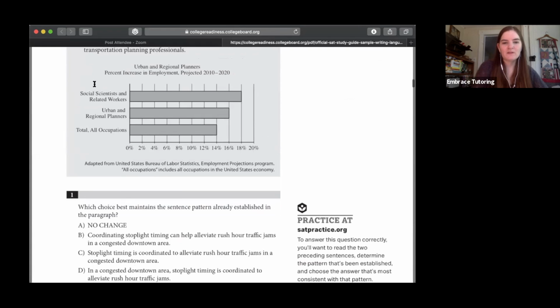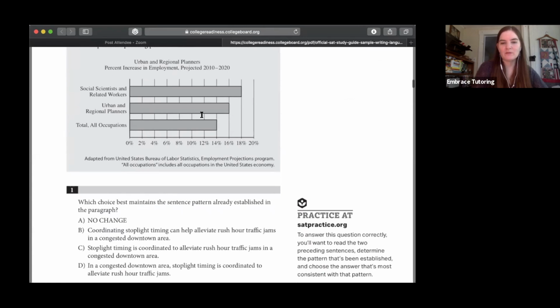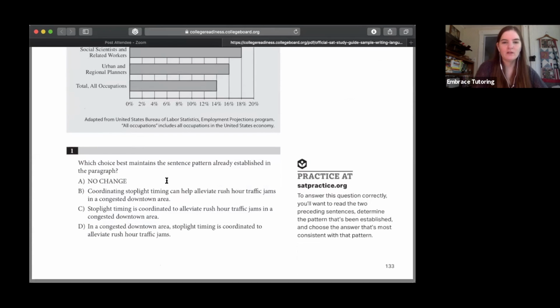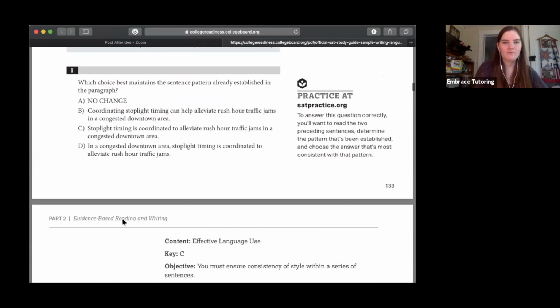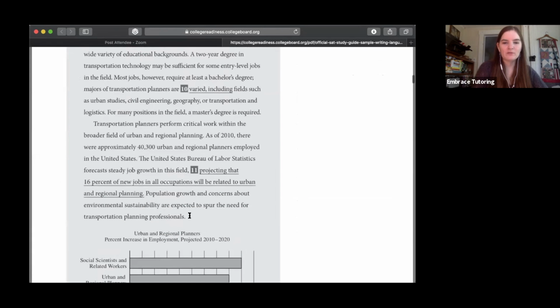So we can even take a look. This is an example. This would be a data response type question because it's asking you to refer to information in the infographic. Actually, this one, I'm sorry.